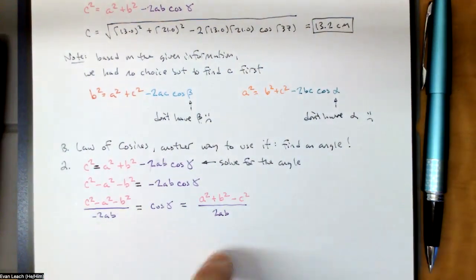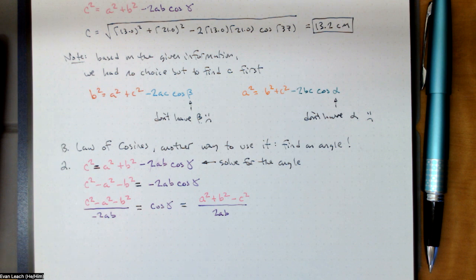Don't worry, be happy. So c squared is all negative now, but everything else is positive. Now, if I want gamma, I can just take the cosine inverse of both sides.